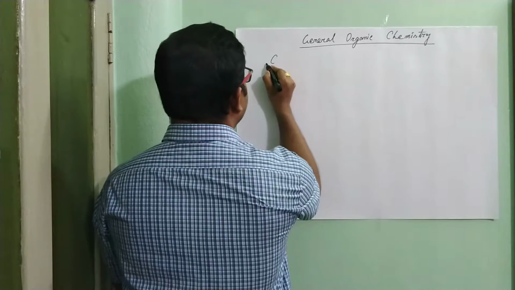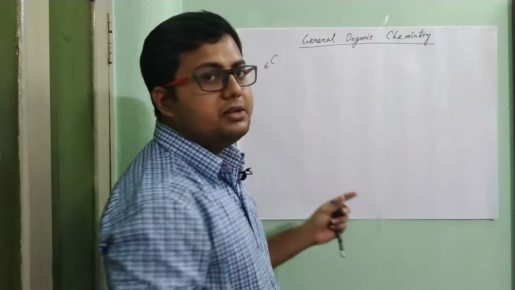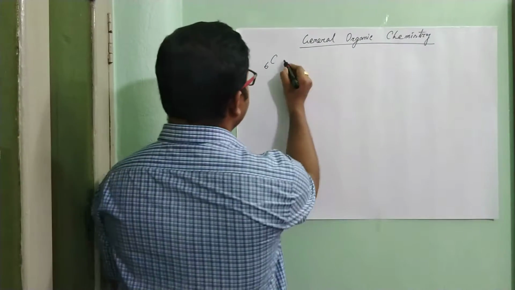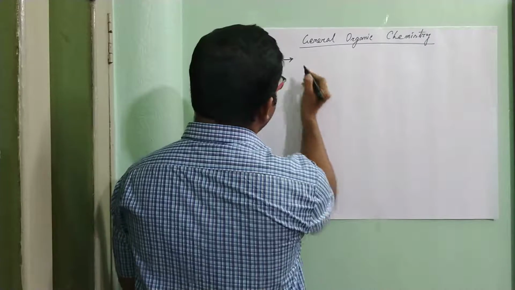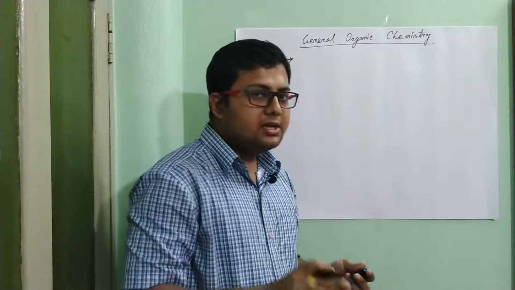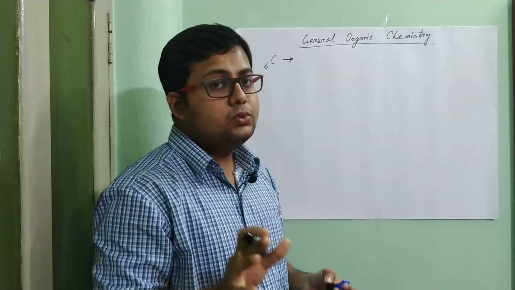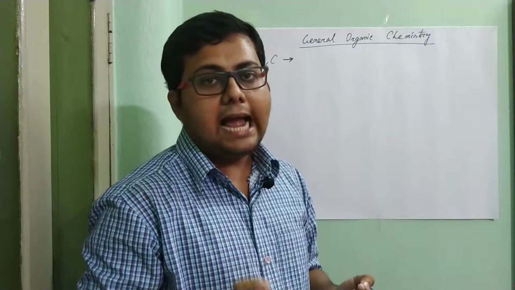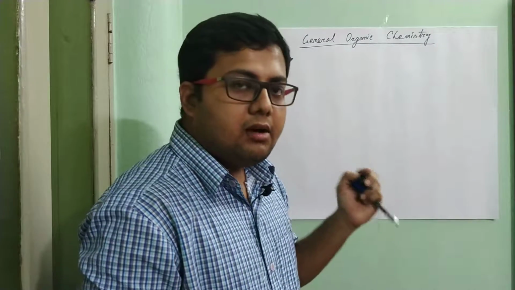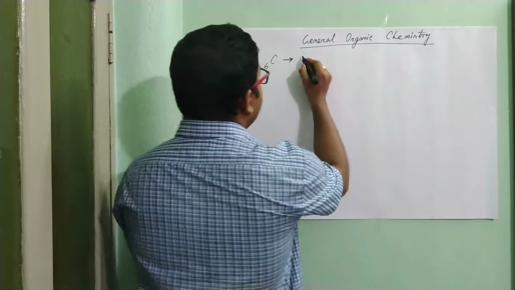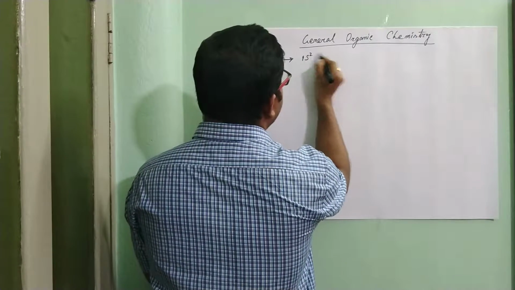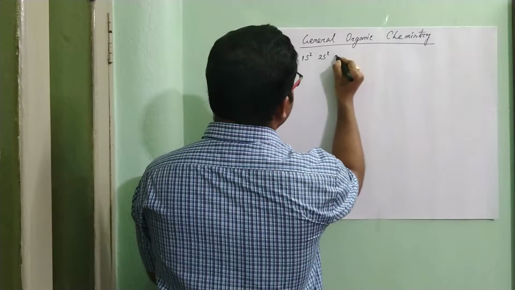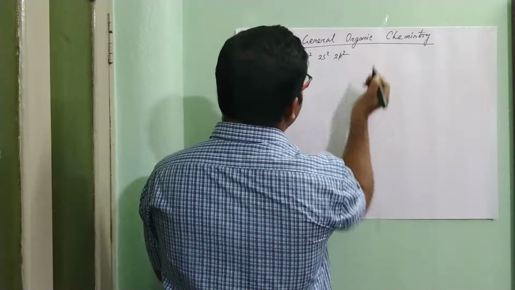Carbon's atomic number is 6. If you want to write the electronic configuration, considering all the rules of writing electronic configuration, that is Hund's rule, Pauli's exclusion principle, and the Aufbau principle, it would be 1s2, 2s2, 2p2.